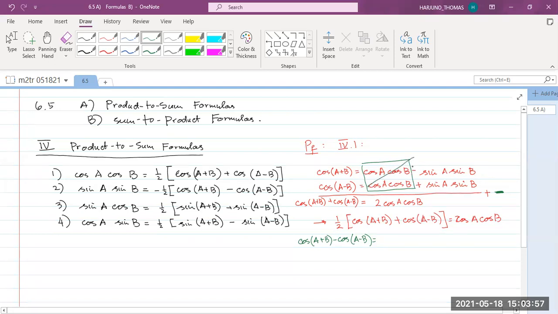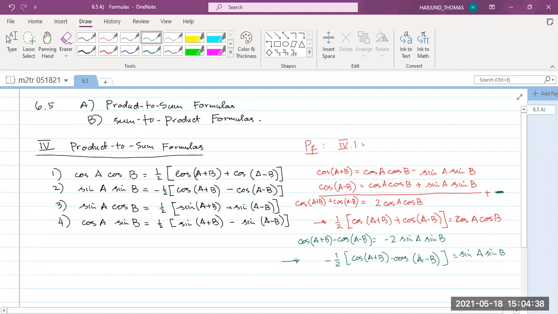So this will cancel, and this becomes -2 sine A sine B. Now dividing both sides by -2, we get -1/2 of cosine A plus B minus cosine A minus B equals sine A sine B. So this is actually the proof for 4.1 and 4.2.